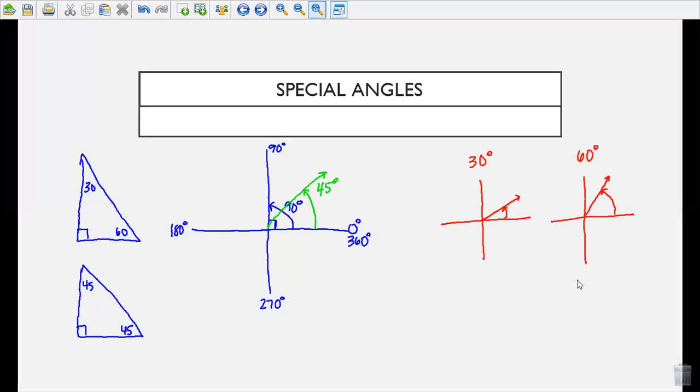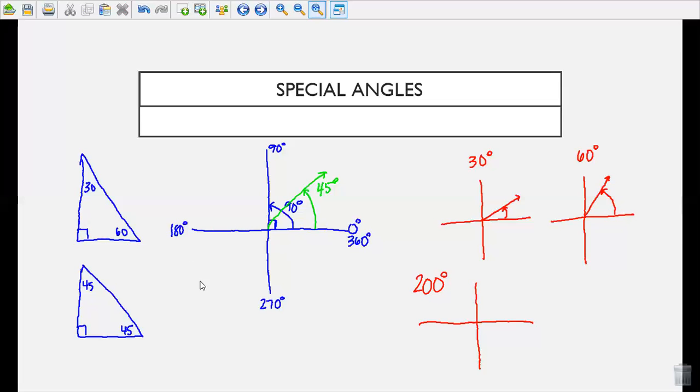You can do this sketching for any angle. For example, if I wanted 200 degrees, there's nothing special about 200, but going back to 0, 90, 180, 270, 360, 200 is more than 180 but less than 270.